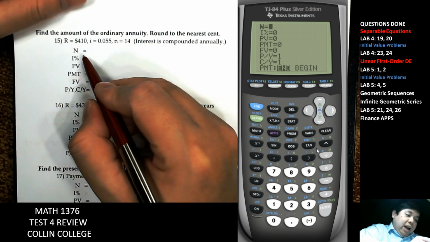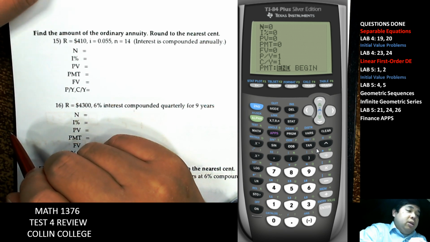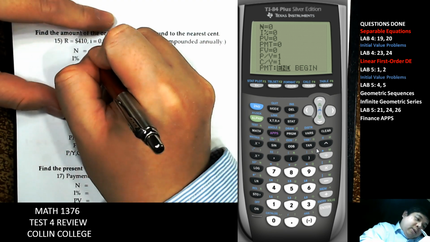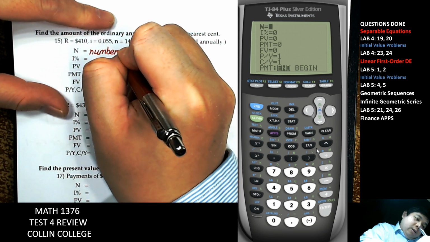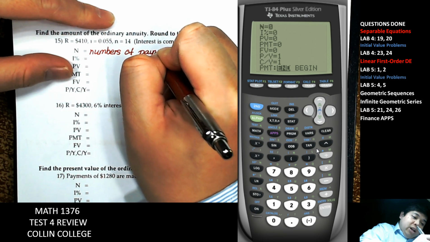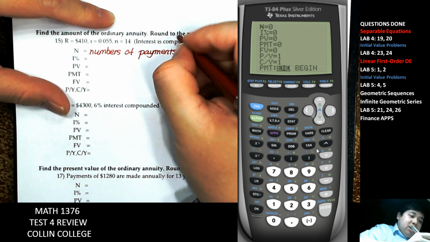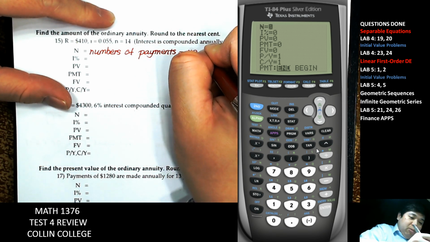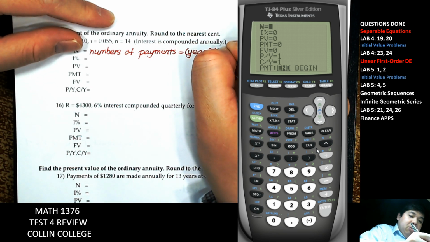First, here is the number of payments. If we know that, we just go ahead and use it. If we do not know that, it will be the number of years times the number of payments per year.